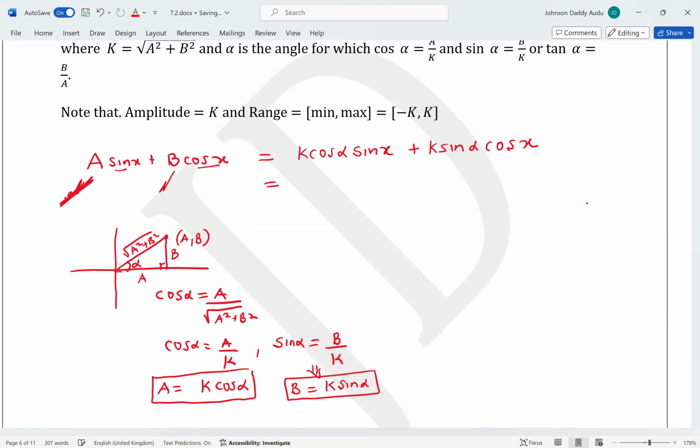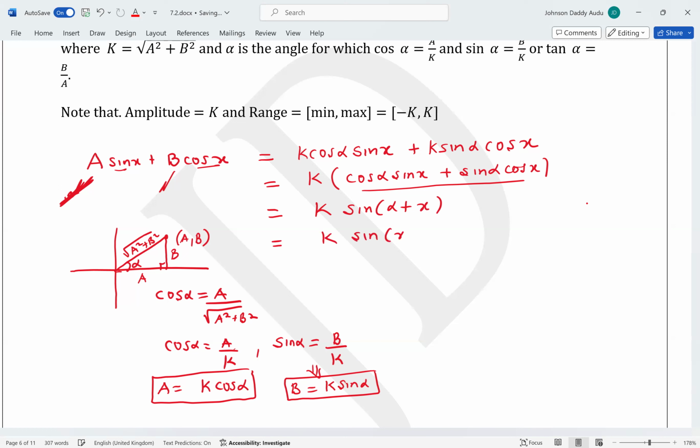So this simply means that we can take k as a common factor, so that we have k times cosine alpha sine x plus sine alpha cosine x. See? So what is this? This is nothing but k sine of alpha plus x, which we can write as k sine(x plus alpha). So this is what we have proved, and this is the right-hand side.